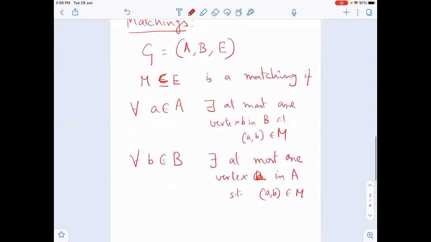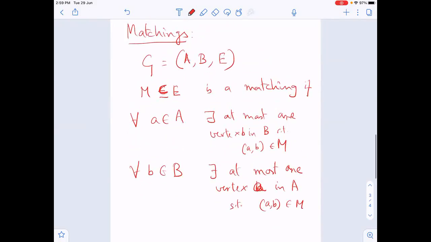Now, if instead of at most, I make it exactly, there exists exactly one vertex, then this is a perfect matching with respect to A. In other words, every element of A has a corresponding matched vertex.